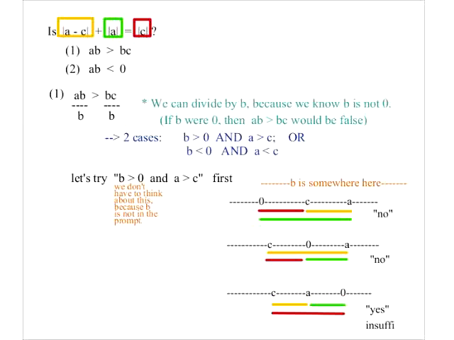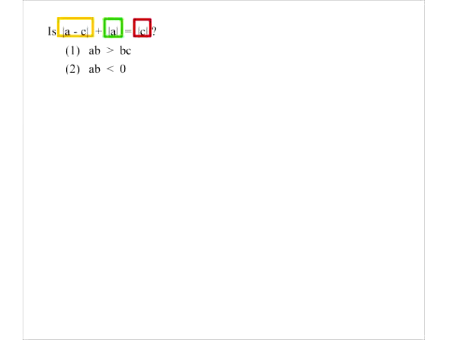Now let's do these things together. Let's put them together. So it's statements together. If we have the two statements together, what we can do is combine them to make BC is less than AB, which is less than 0.